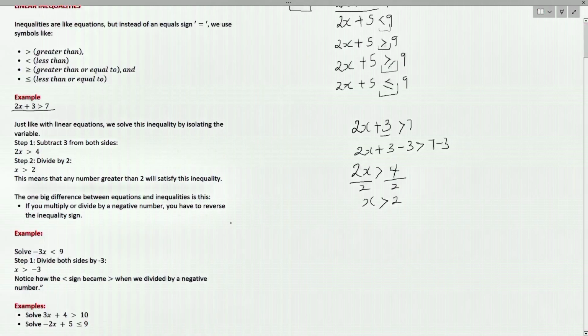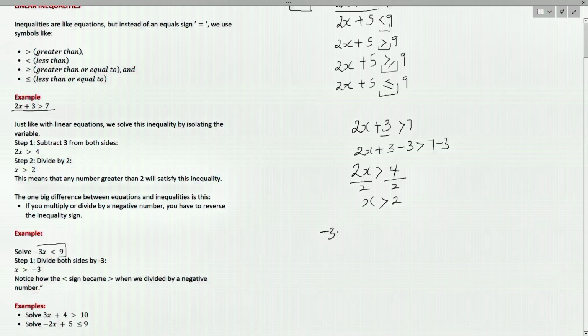Now, we have a different problem. In inequality, when we divide both sides or multiply both sides by a negative, the inequality sign changes, as we see in this example.